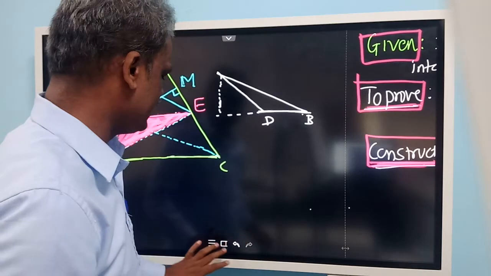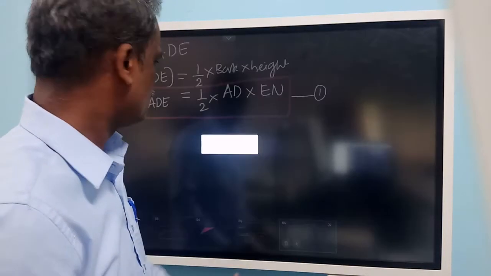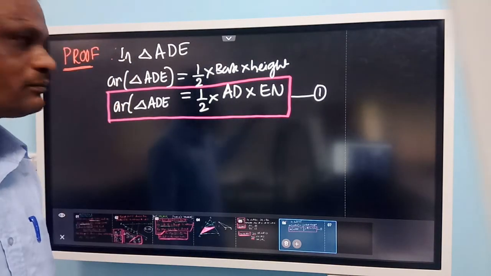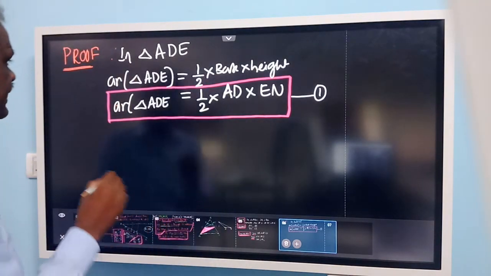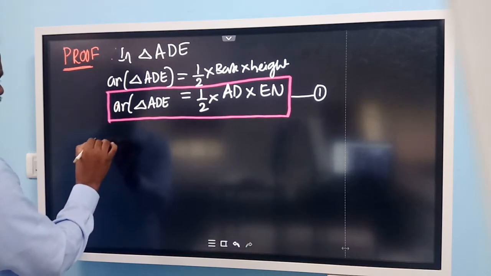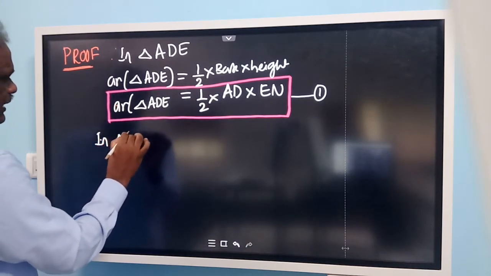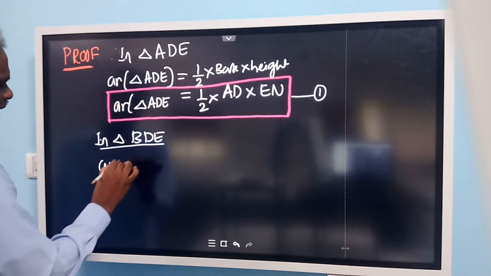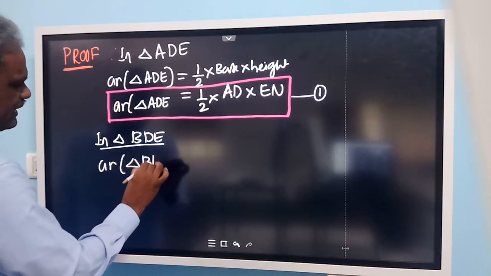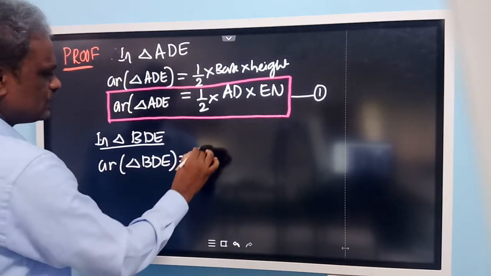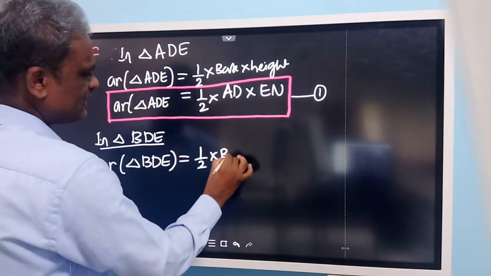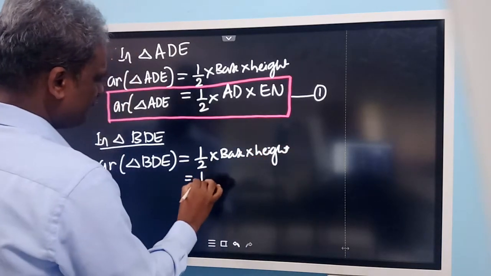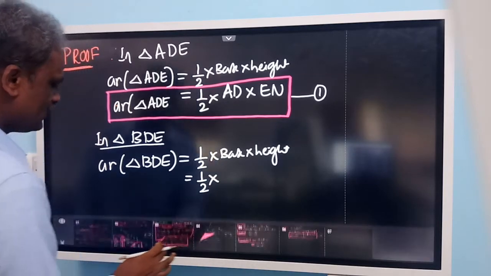So I will write here BD as base. Area of triangle BDE is equal to, so again you can use half into base into height. So that is half into, what is base, what is height, you tell me here.